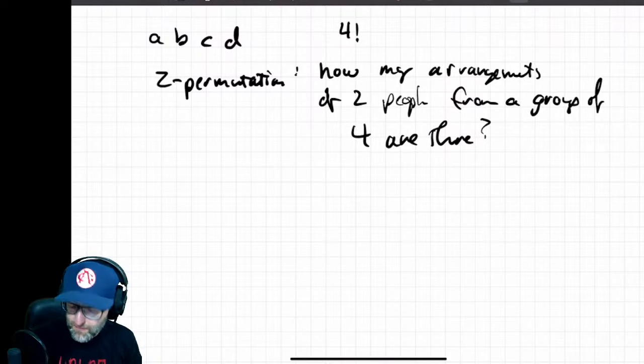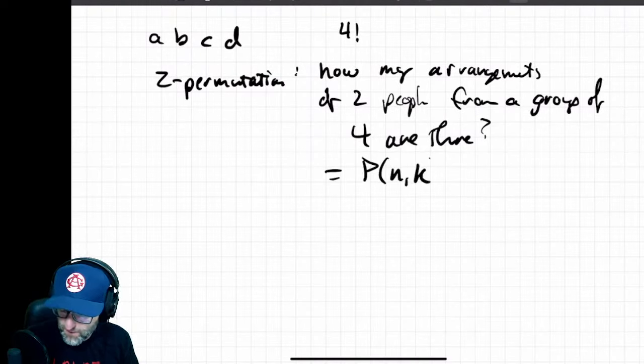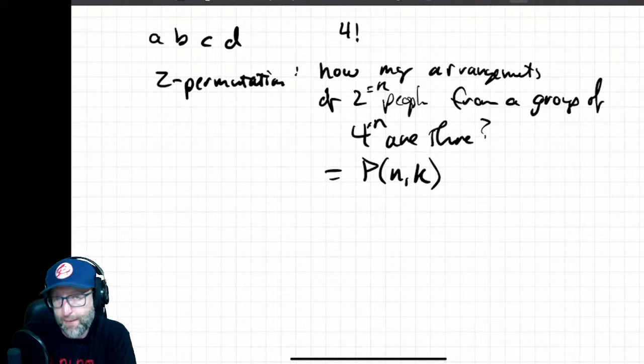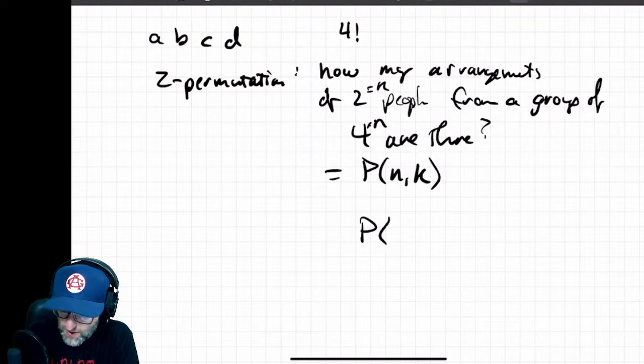That's, of course, n permute k in general, where this is n and this is k. It's a general k permutation. If you wanted to permute them all, that would be an n permutation. Here I only want to include 2.